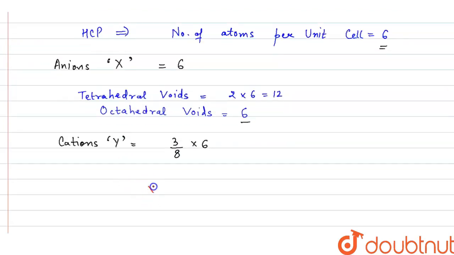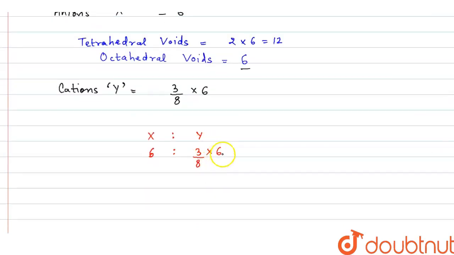So from here, the ratio of X and Y will be equal to: X is 6 and Y is 3/8 into 6. So here the 6 gets cancelled out and the ratio will be equal to 8:3.